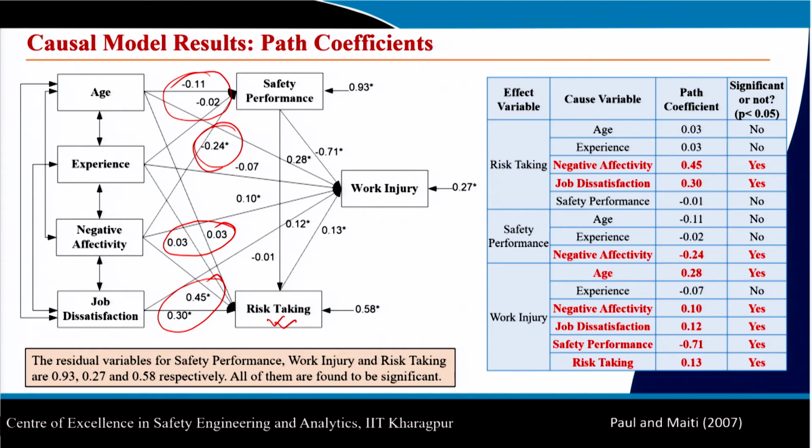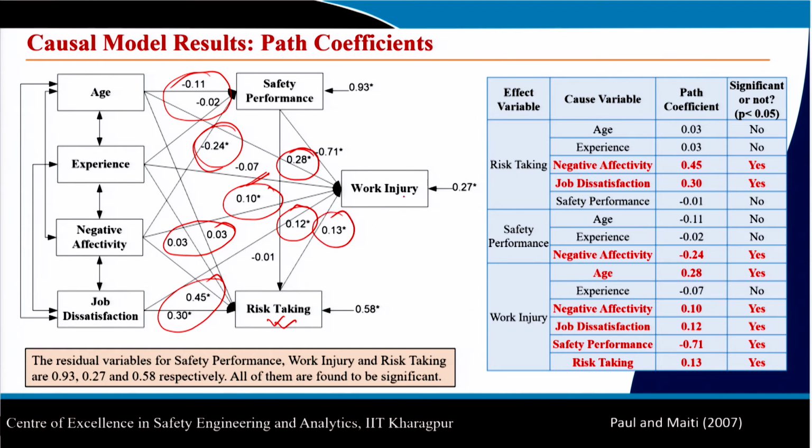And obviously, if you see the work injury point of view, the interesting part is that age is positively and significantly related, whereas experience is not related, but all others like negative affectivity are positively significantly related, job dissatisfaction positive, and risk taking also positive.